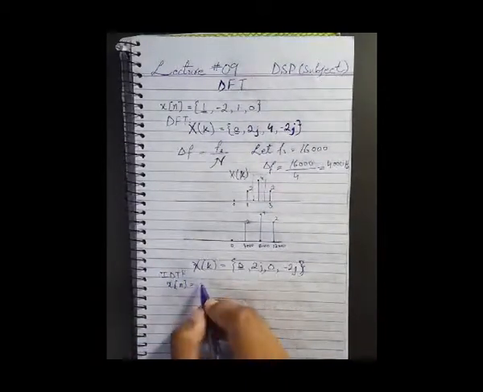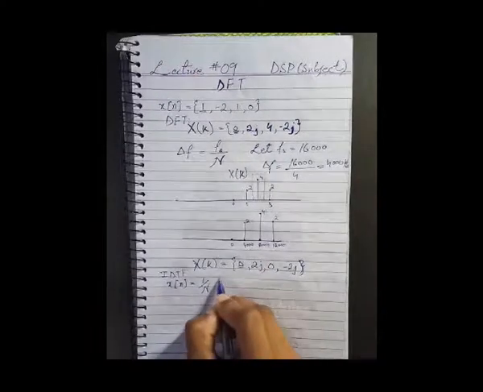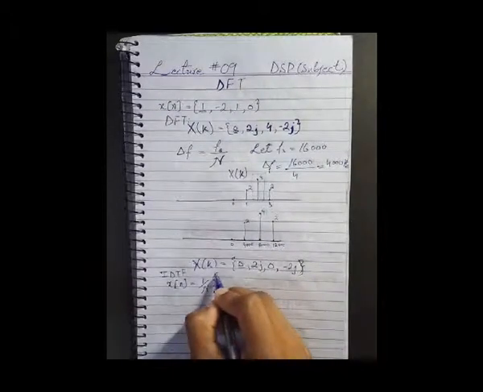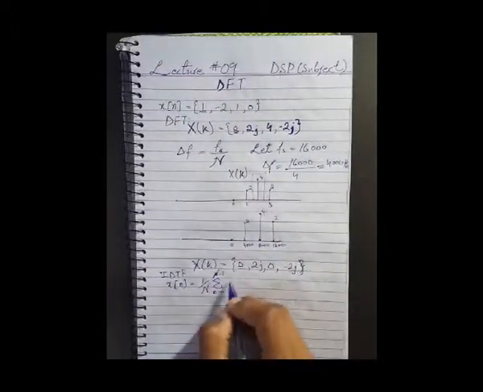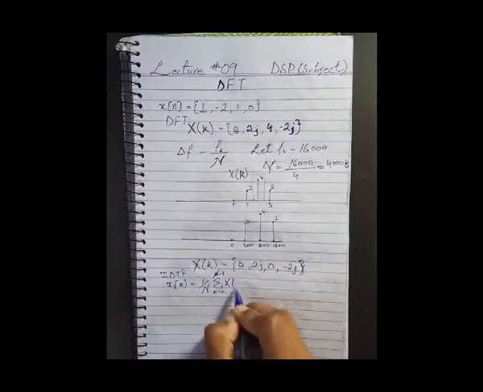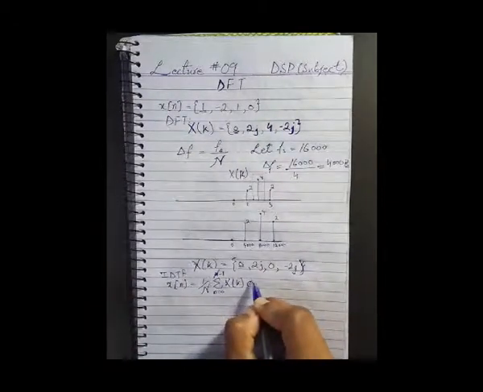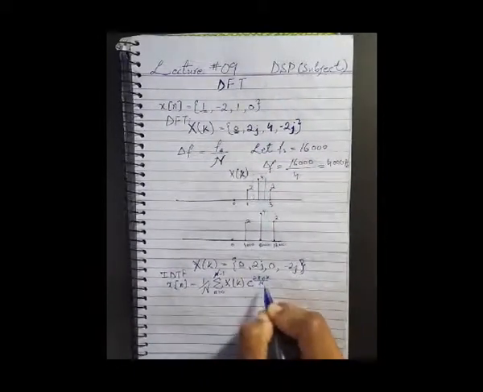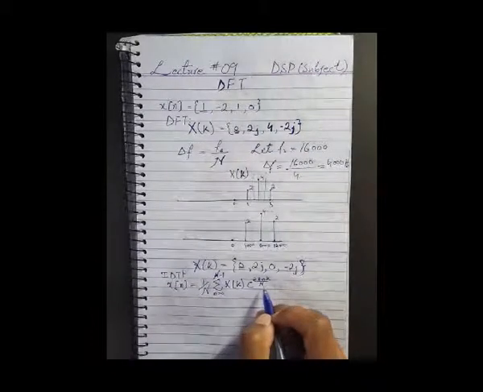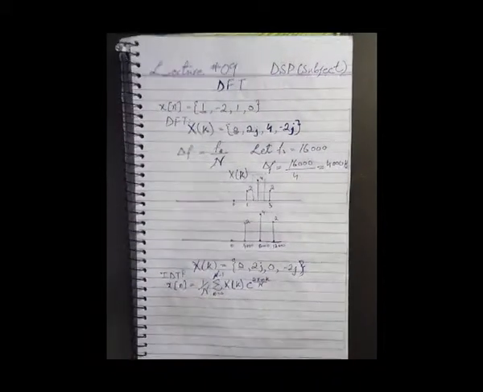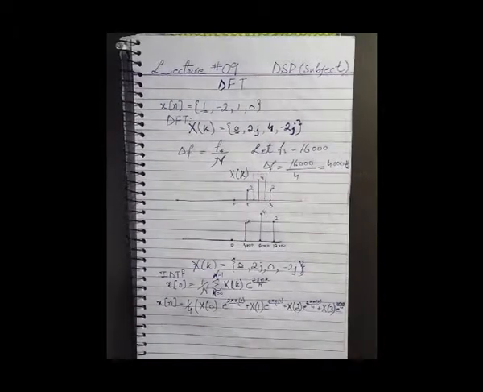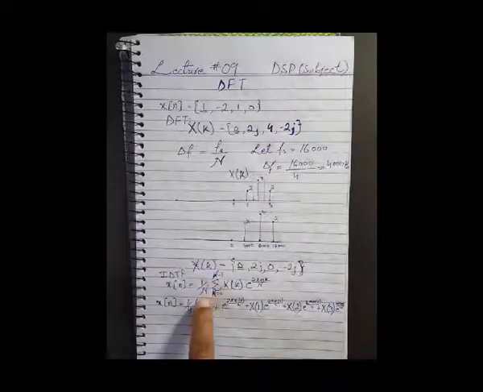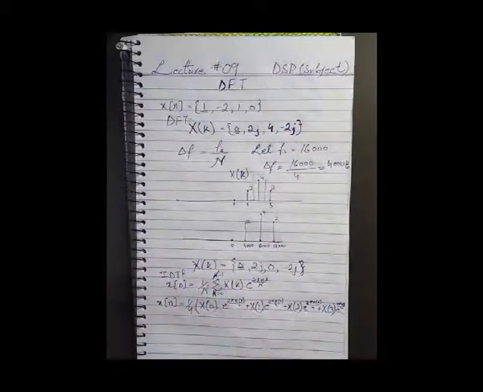We have the formula: 1 over capital N, summation k is equal to 0 to capital N minus 1, capital X of k into e raised to 2 pi nk divided by capital N. Now I have expanded this summation sign, and I have put the value of capital N.